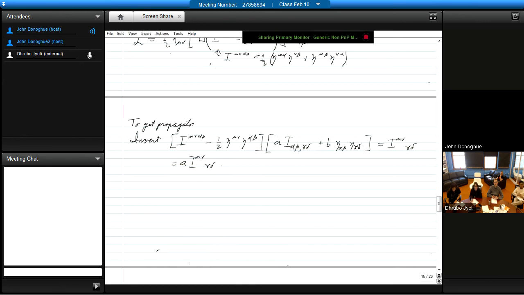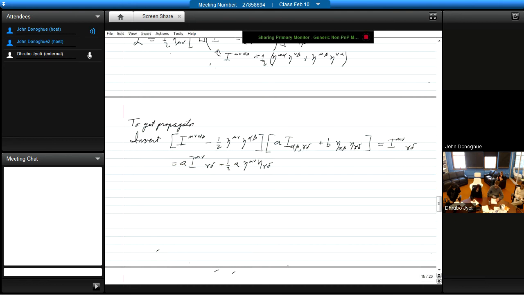The second piece has eta alpha beta on there. This gives me minus 1/2 A eta mu nu eta gamma delta. Again, it's the identity, so eta alpha beta dotted into it is just etas.